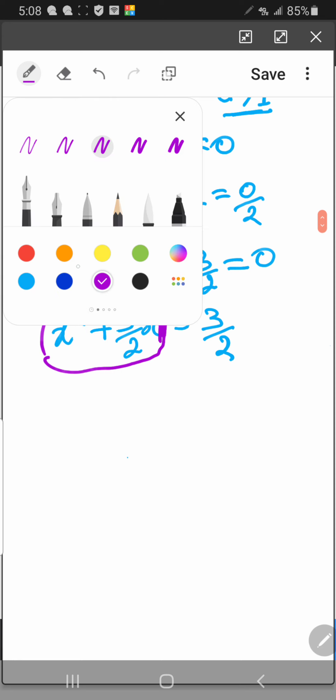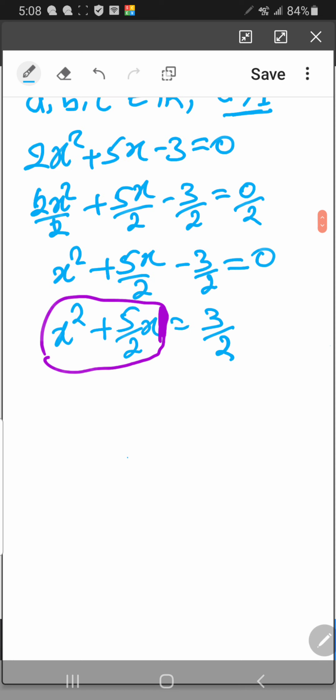We said it is always half the coefficient of x. That means we look for half of 5 over 2. This will give us 5 over 4. We square it and add it to both sides.